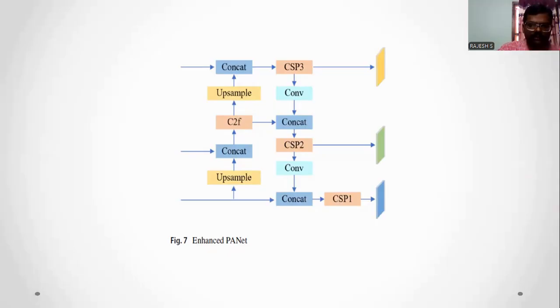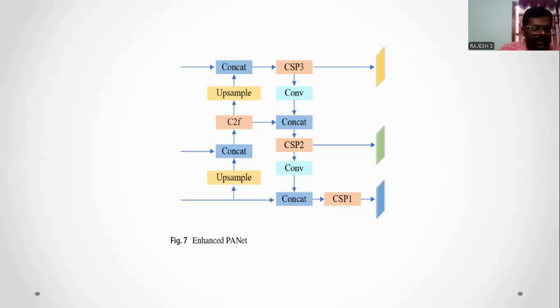And we are finding here CSP1, CSP2, CSP3. CSP means cross-stage partial block. The CSP improves the mixed features, so detection becomes more accurate.